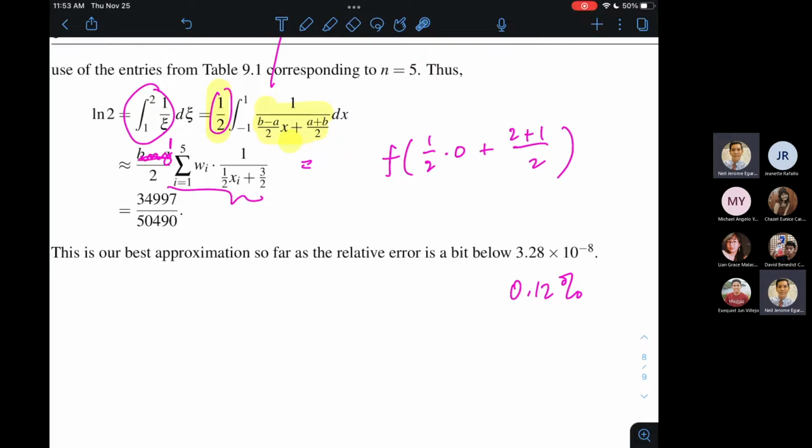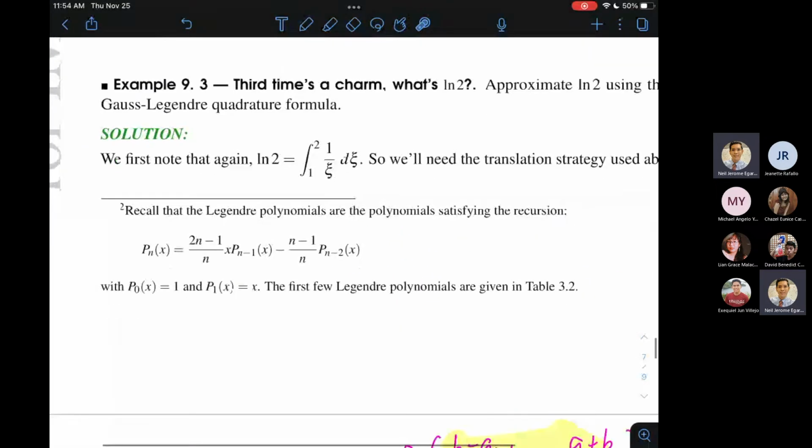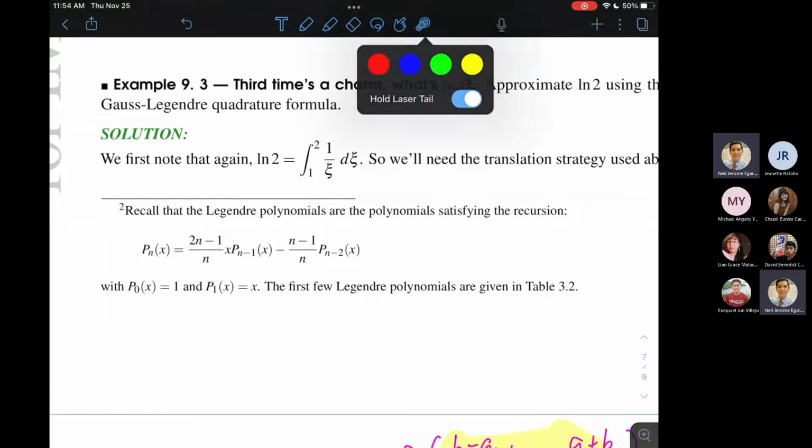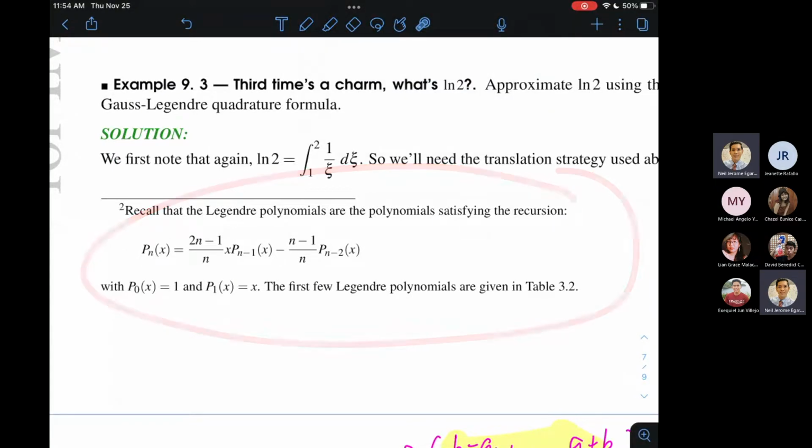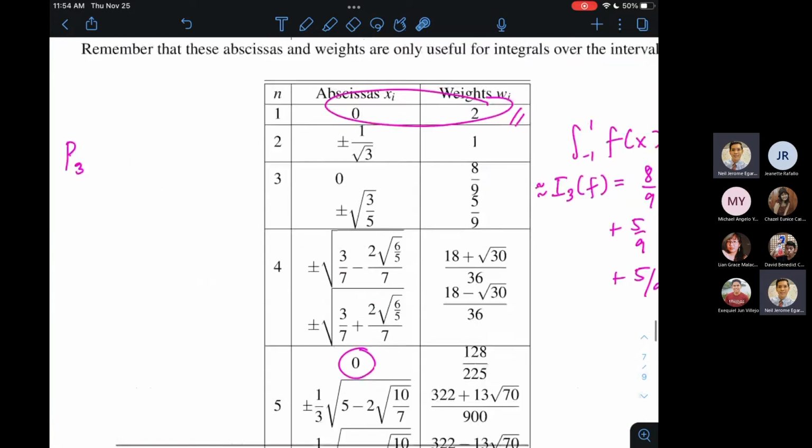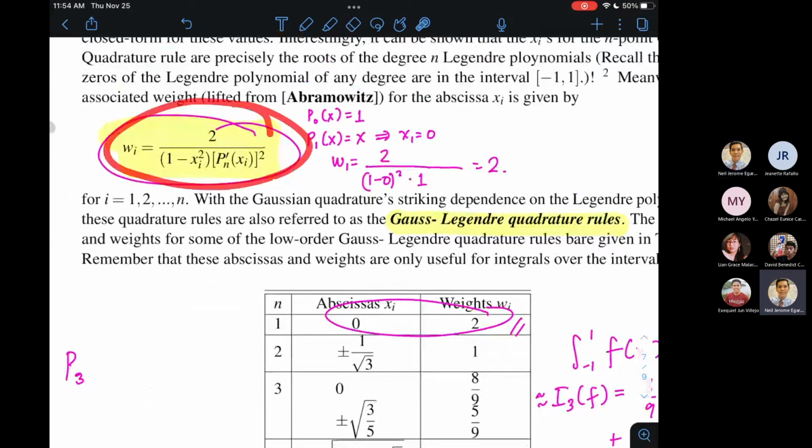Pero ngayon, ang mga abscissas mo ay pinipili mo to be the roots of the Legendre polynomial. Yun nga lang, babalikan nyo yung Legendre polynomial na dinefine natin several modules ago. Ni-recall ko na lang siya dito sa baba. Okay? So, kukunin mo yung roots nila. Tapos, yung associated weights ay eto. Given na rin ang formula.